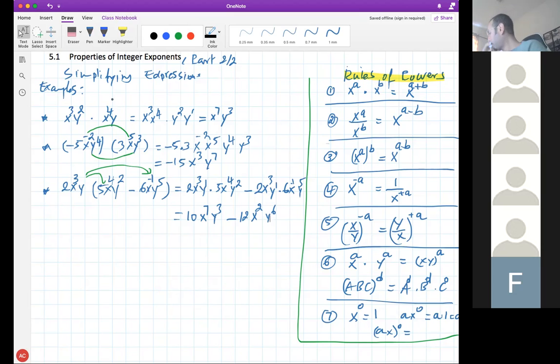So as I mentioned in the previous class, this is really, really important in this class. This whole algebra class will be based on things like these. So it's very important to understand these rules and know how to use them. We're going to be using them pretty much with every other topic: equations, factoring, functions, polynomials.